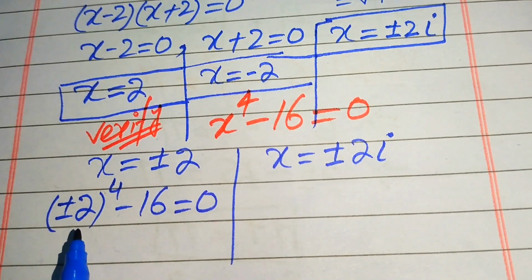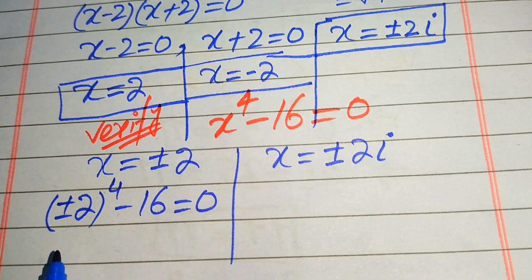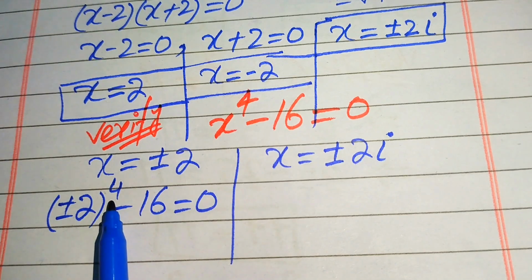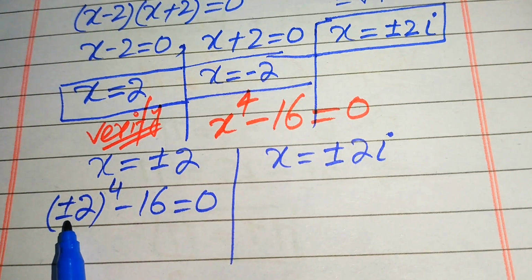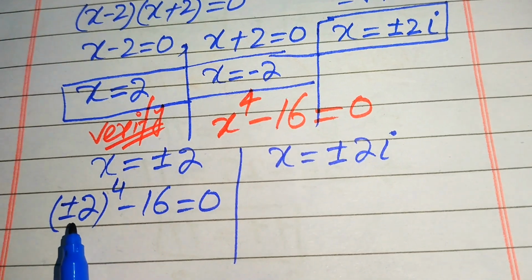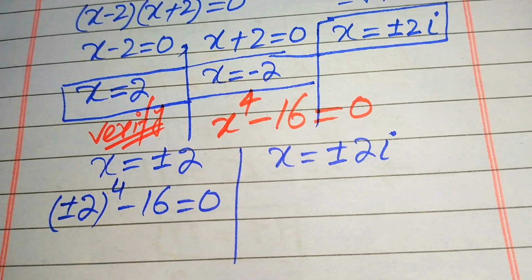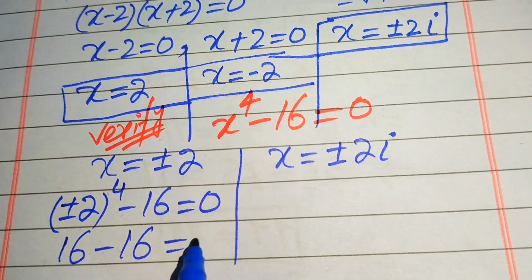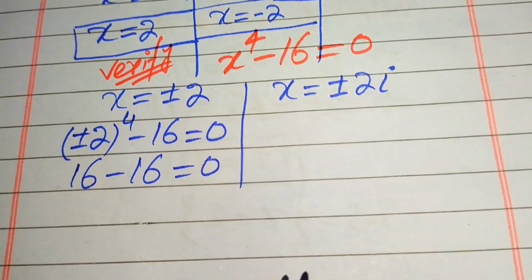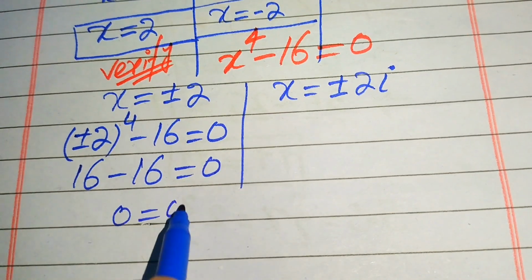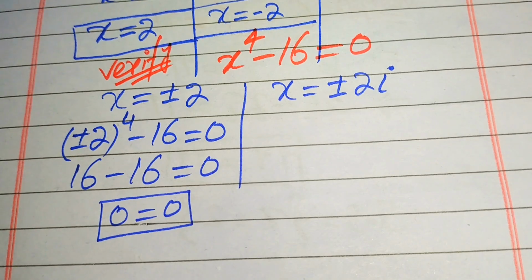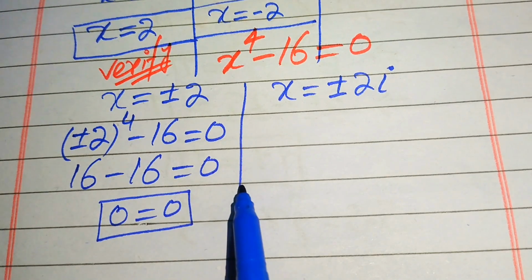We know that if the base is negative and its exponent is an even number, it will always give us a positive answer. So you see that the exponent is an even number, so plus and minus give us the positive answer only. So we have 2 to the power of 4, which becomes 16, minus 16 is equal to 0, and here you clearly see that we get 0 equal to 0. This shows that both sides are equal. It means that the value x is equal to plus minus 2 satisfies our given question statement.